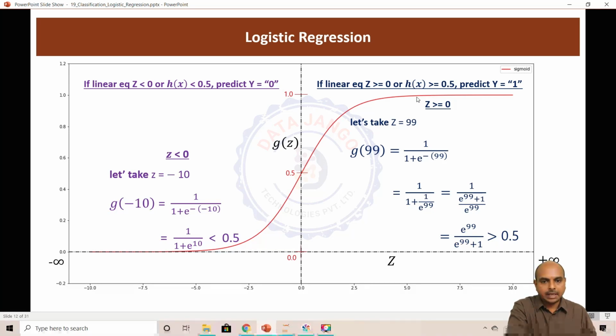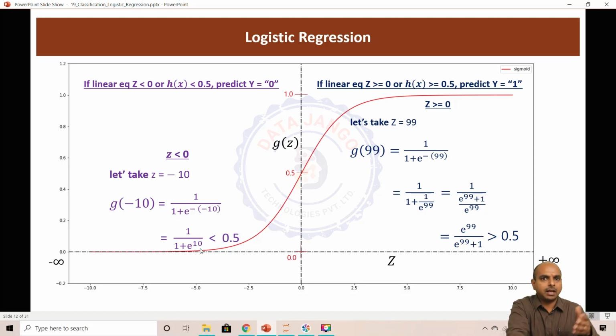If you look at the graph, it will never touch 0 and it will never touch 1, because e power 1000 divided by e power 1000 plus 1 is greater than 0.5 but not equal to 1. If it were e power 1000 by e power 1000, it would be 1, but we are having a little bit of a number there, so it will never be equal to 1.